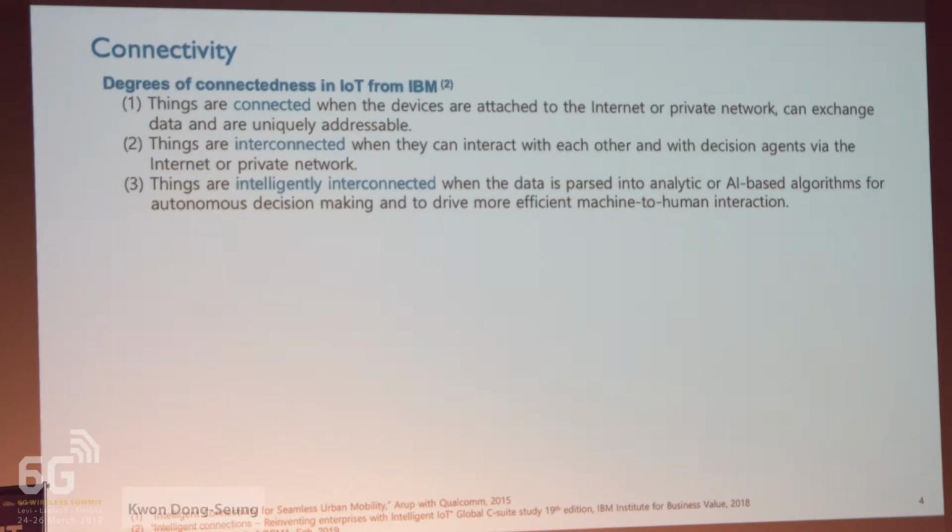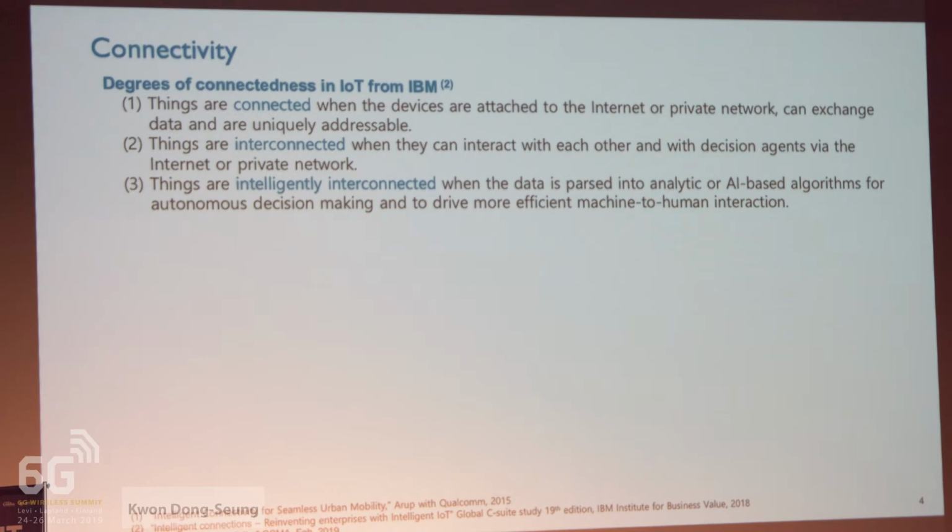First, IBM has categorized three connectivity types. The first type is connect: just attach to the internet and exchange data. That's all. Second is interconnected, meaning things interact with each other, or with a decision agent, and maybe do something. Third is intelligently interconnected.